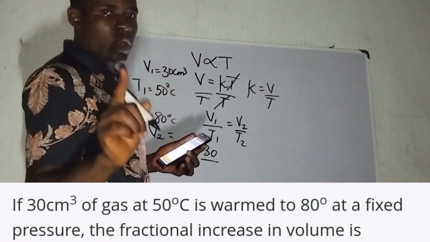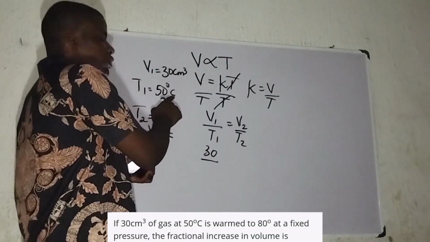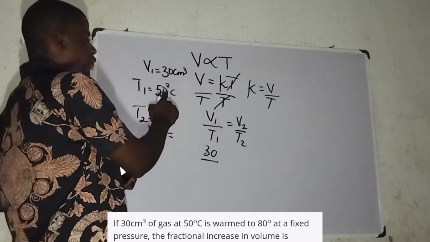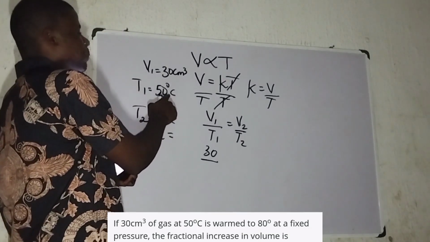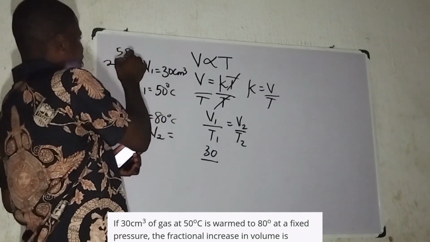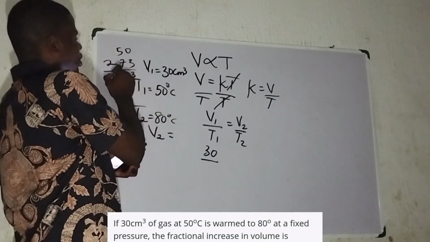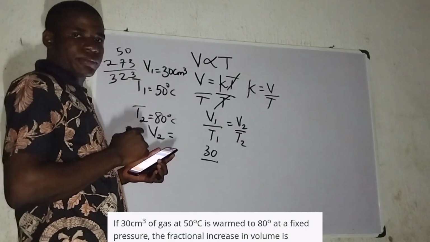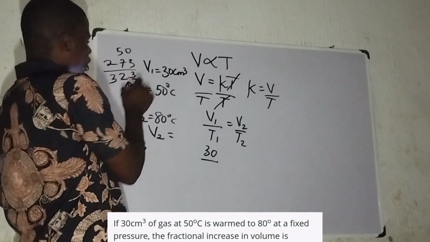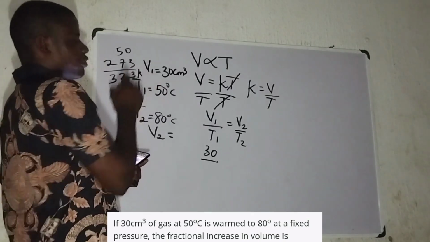Remember, we don't solve with the Celsius scale. We have to convert it to Kelvin. So how do we convert? 50 plus 273 will give us 323. Then this 50 degrees centigrade is equivalent to 323 Kelvin.